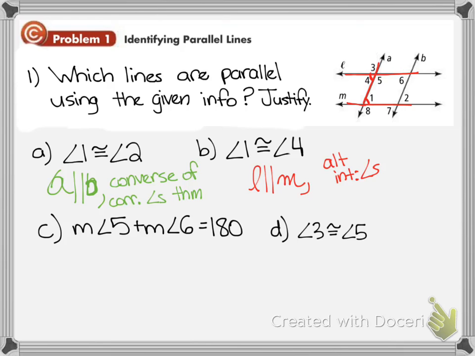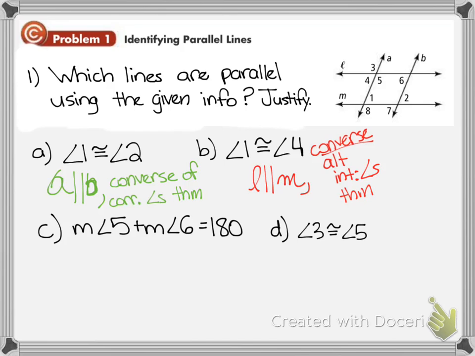So we can say that those two lines are parallel by the converse of the alternate interior angles theorem. You've got to make sure you use that word converse in your justification, because it's not the original theorem, it's the converse of that that tells us those have to be parallel.